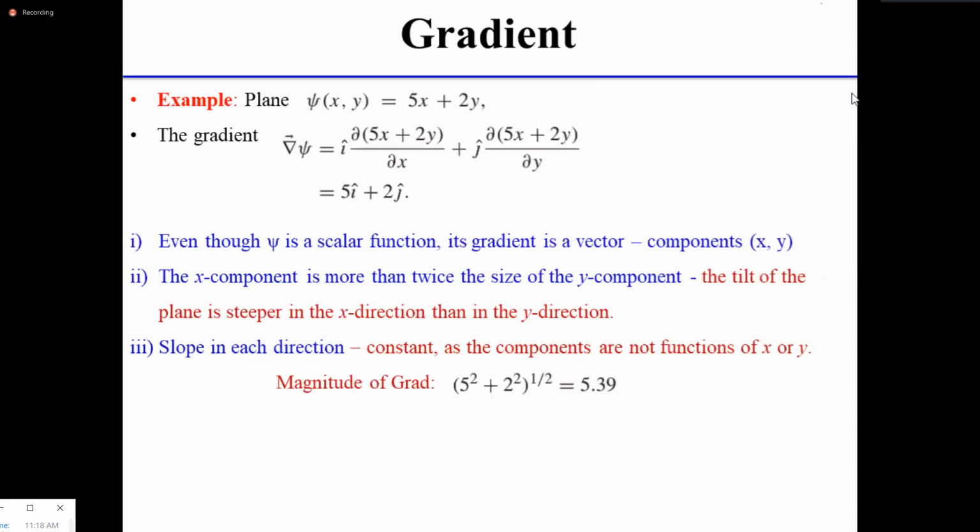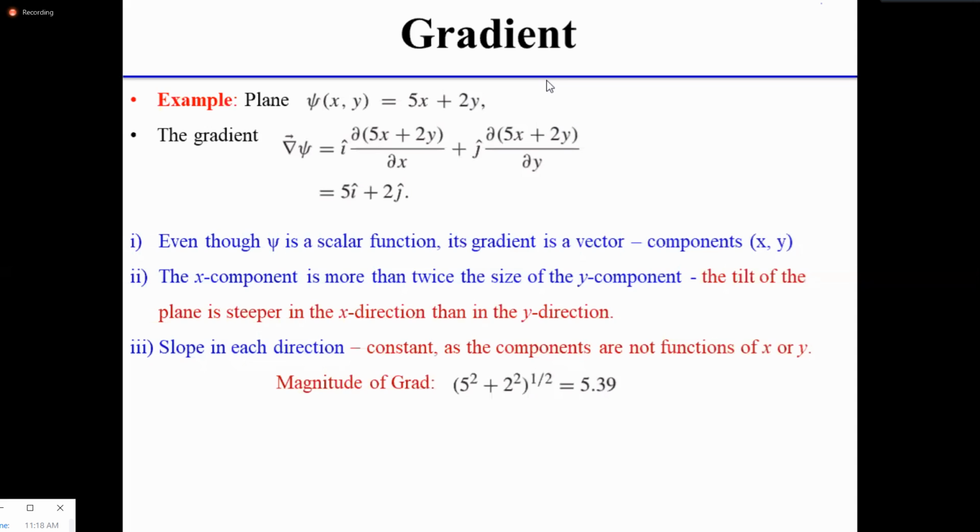Anishwar, sorry, I lowered your hand somehow. Sir, how can we say that psi is a scalar function? Actually, we are defining it to be a scalar function. Unless we have a proper interpretation for it, we cannot say if a function is a scalar function or a vector function.